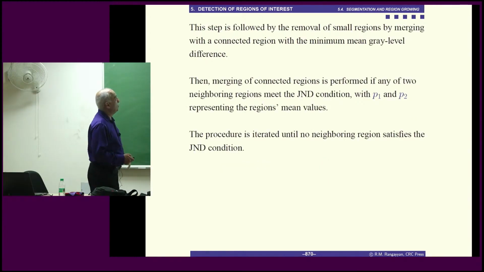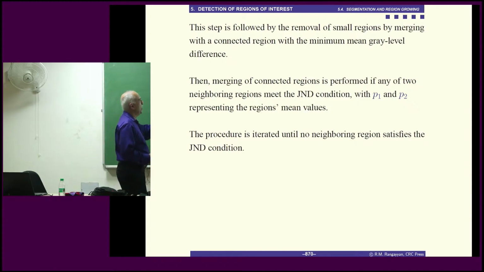This was followed by removal of small regions by merging when a connected region with the minimum mean gray level difference. Then merging was performed if any two neighboring regions meet the JND condition, with P1, P2 representing the means of those regions. And it was iterated.